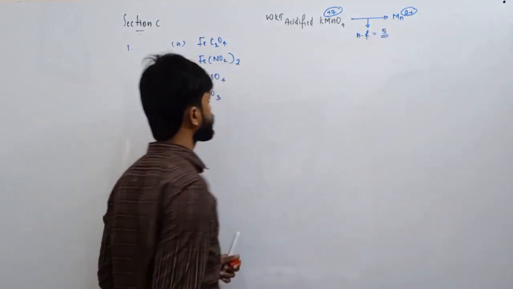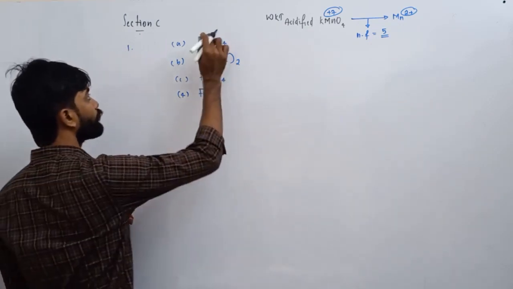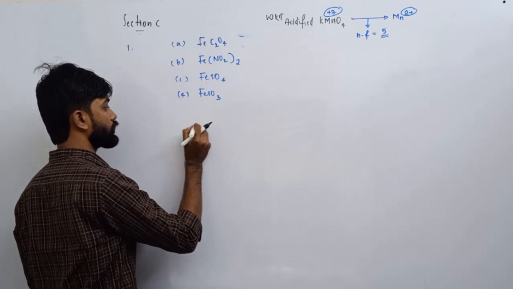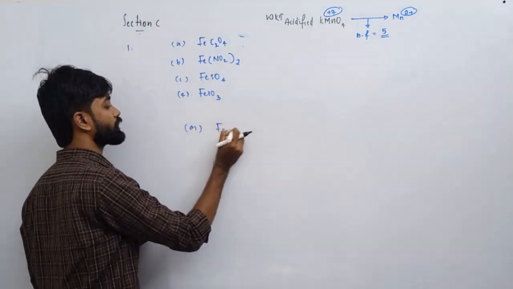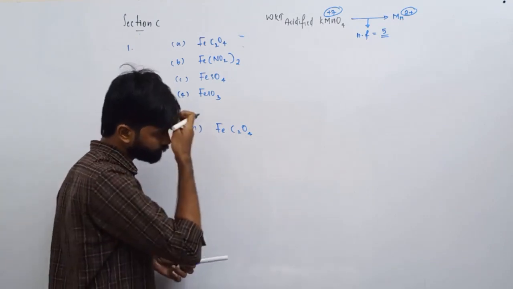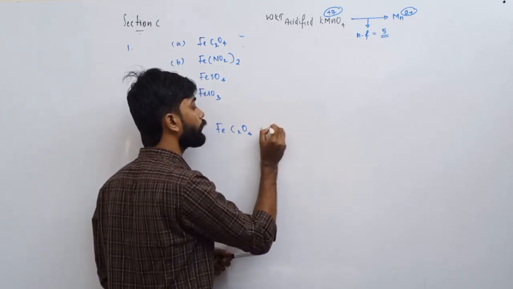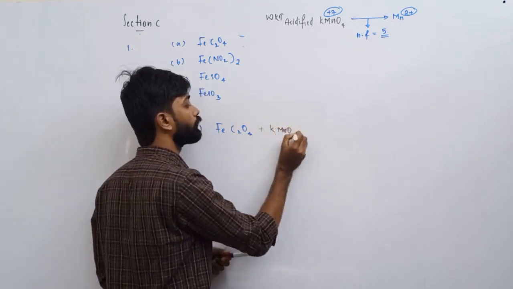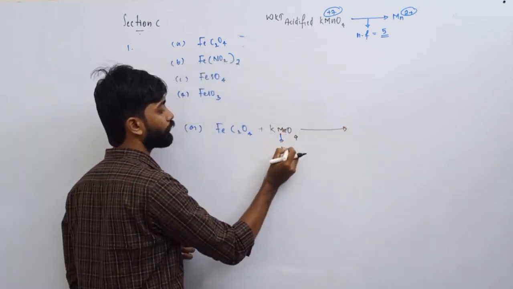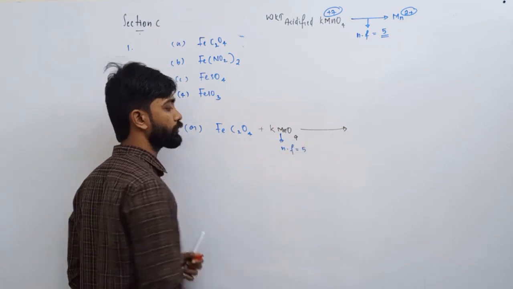Agreed? Yes. And let the reaction be with ferrous oxalate. This is ferrous oxalate with your KMnO4. What happens? KMnO4 has the n factor 5, right? Yes.